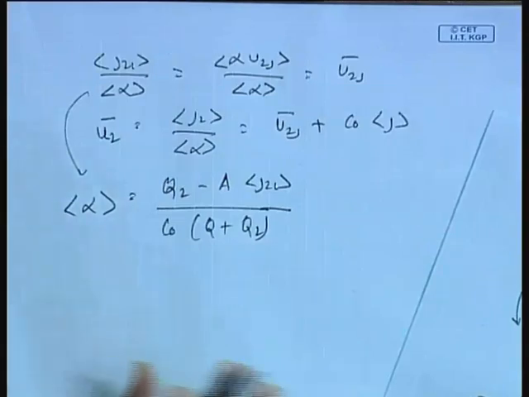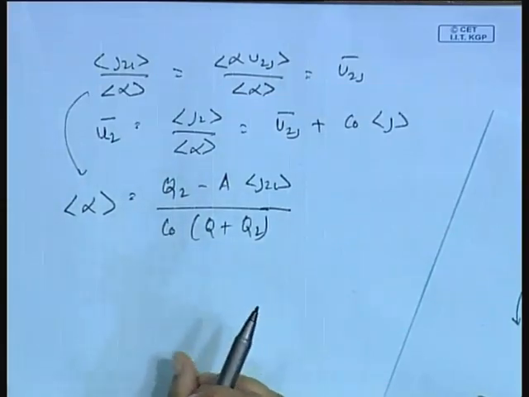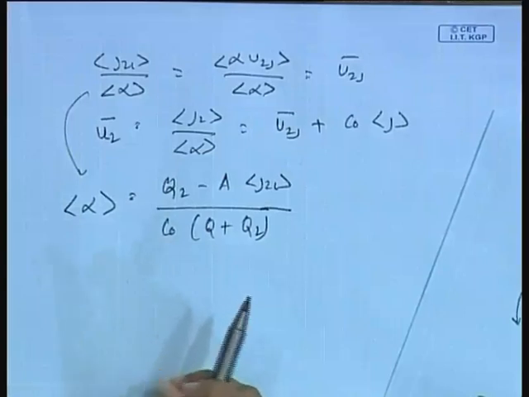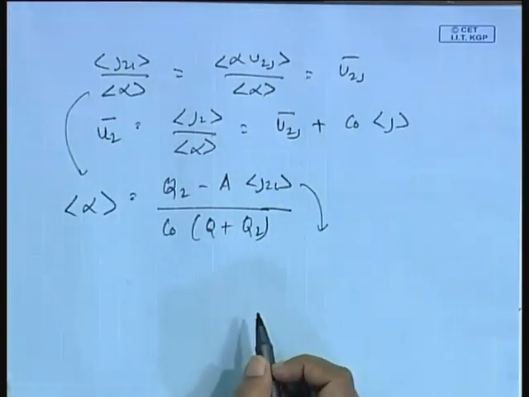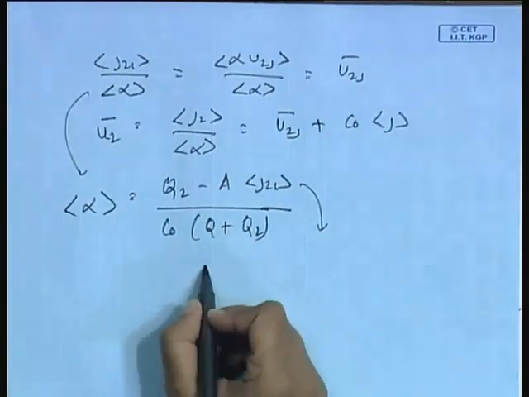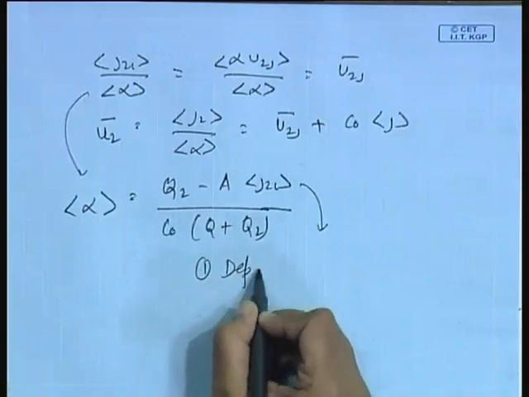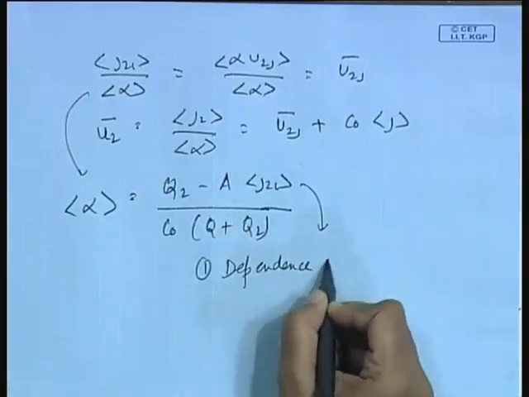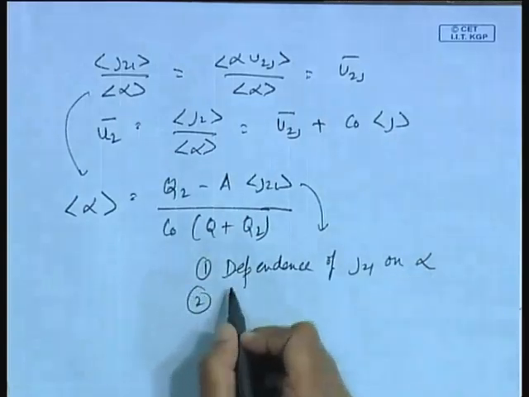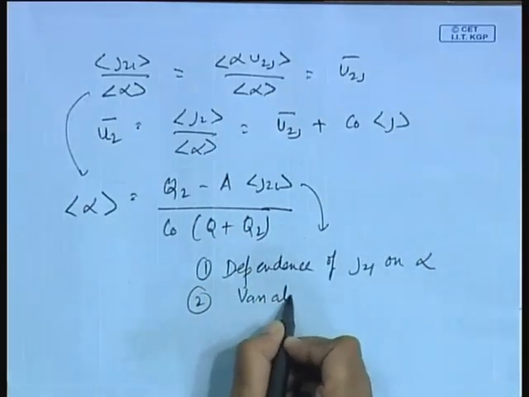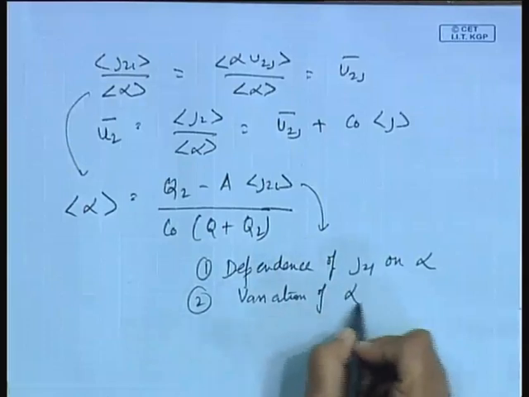Till this part, is it clear to all of you? So, for finding out J21, what do you need? For finding out J21, you need two things. One is dependence of J21 on alpha, and the second thing is variation of alpha across the cross section.